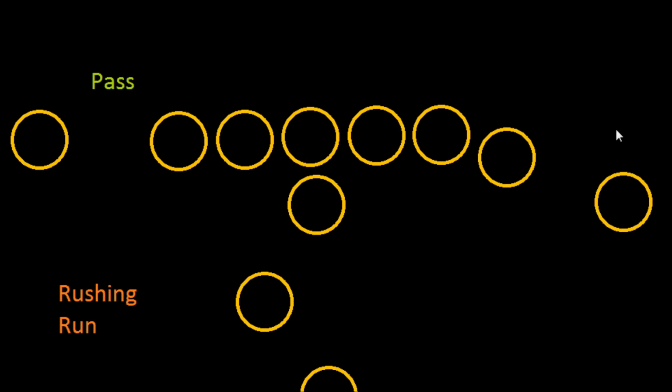So again, before the play, the coach is going to call in the play, and the quarterback's going to tell everybody. And when he tells them, he'll probably tell them in some kind of code that they understand. And so that will then determine which routes the wide receivers run.